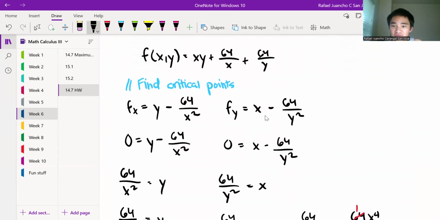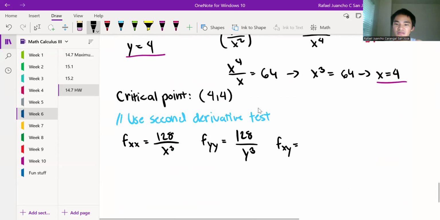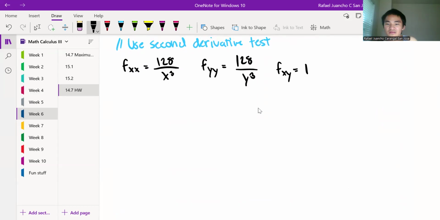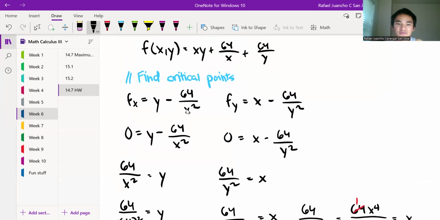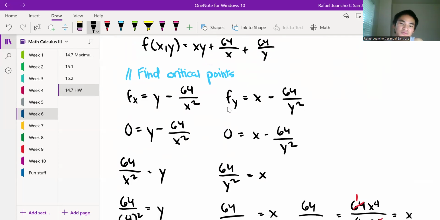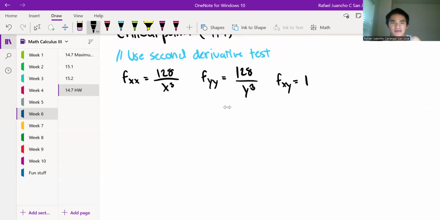Now I take the derivative with respect to x. Well, I have 1, right? Because if I treat this as 0, this is 1. So I actually just have 1. Let me just check just to be sure. Now if I go here, I take the derivative in terms of y, this is 0, this is 1. Also same thing. Yeah, and then from there, I just plug in everything.